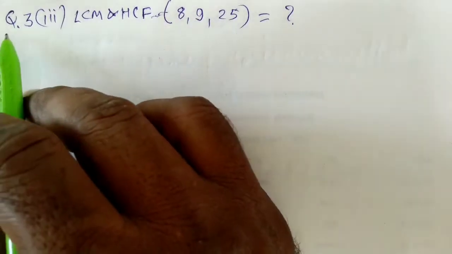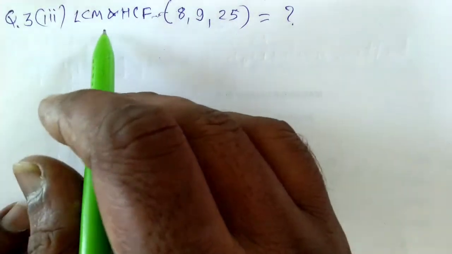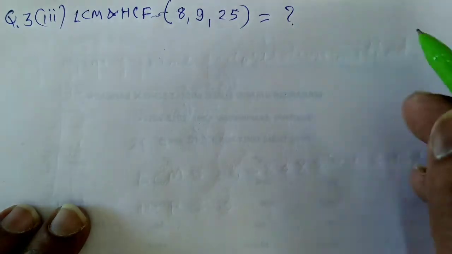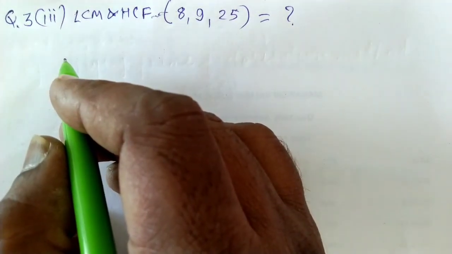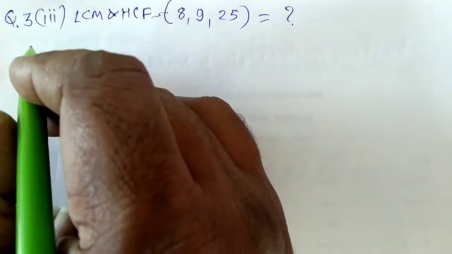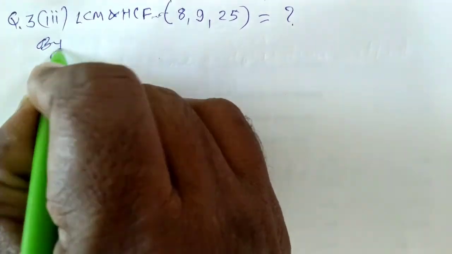Similarly, third part of this question: LCM and HCF of 8, 9 and 25, by applying the prime factorization method.